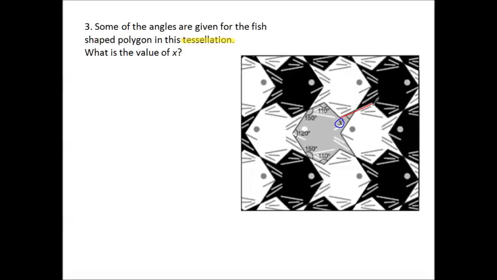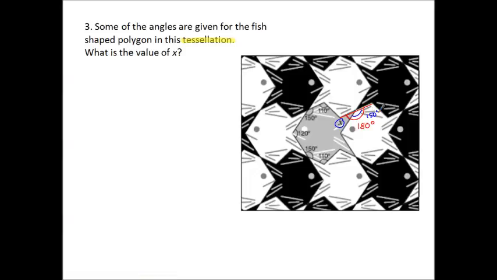If we look at this line, for example, we know if this is a straight line that this entire angle has to be 180 degrees. That means these two angles are forming a linear pair, and together they form an angle of 180 degrees. And from looking at our gray fish, we know that our obtuse angle has to be 150 degrees.